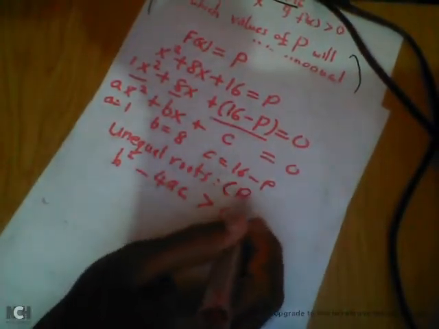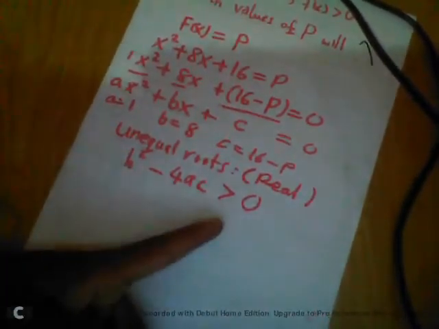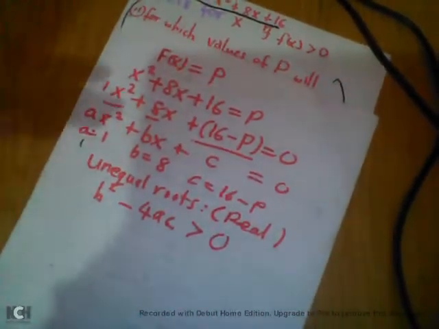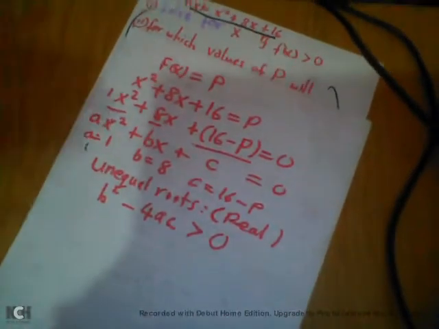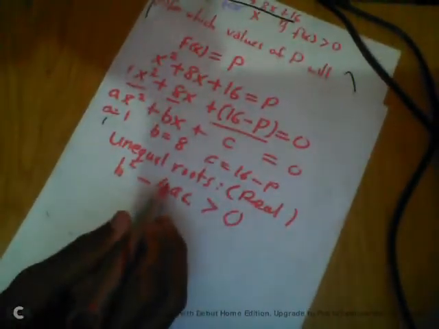There must be real roots, because for two unequal imaginary roots it would be less than 0. Even if they didn't say it, p has to be a real number, so it's greater than 0.